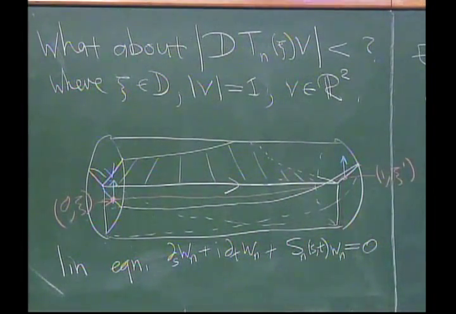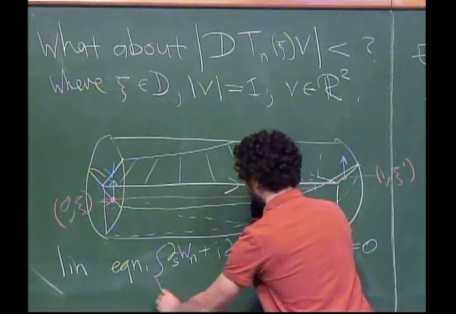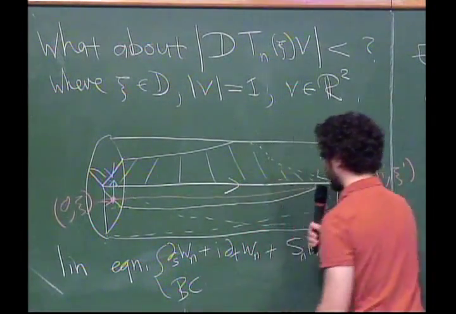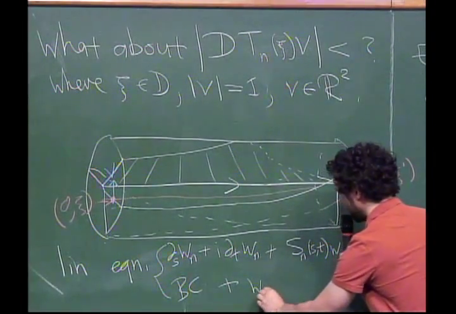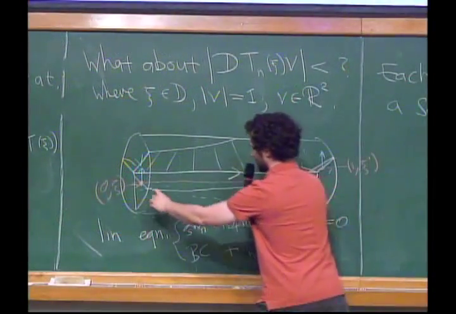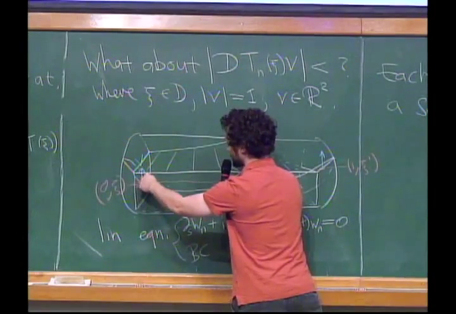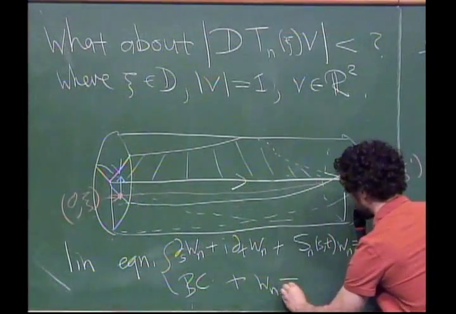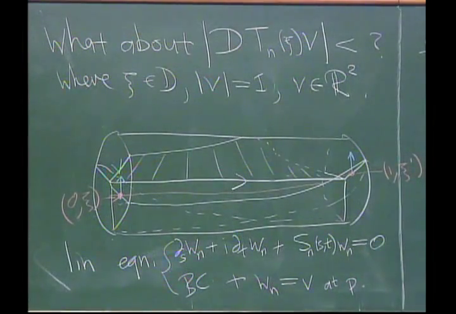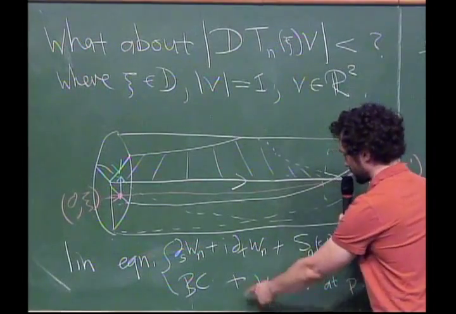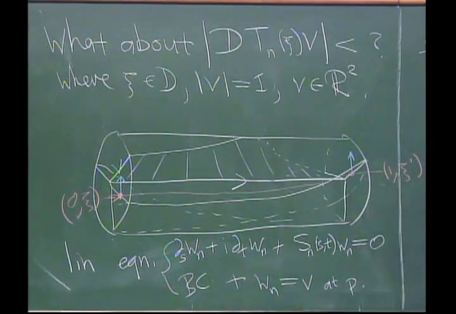So looking for some solution of this linearized equation with some boundary conditions, I don't want to say, plus the pointwise condition that this W at this point coincides with this vector. So W equals v at the point p. It's a horrible way to write it, I'm sorry. And then this is uniquely determined because this is actually a Fredholm operator with index 2.